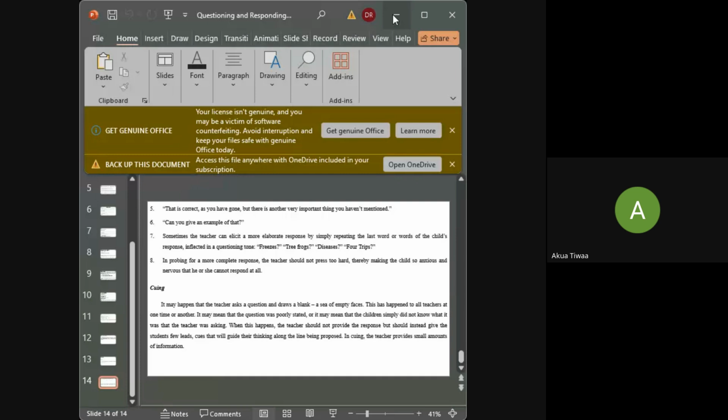That will be the strand. And then the sub-strand will be the actual topic that we are going to treat that day. Then the content standard, you bring in the content standard as well.